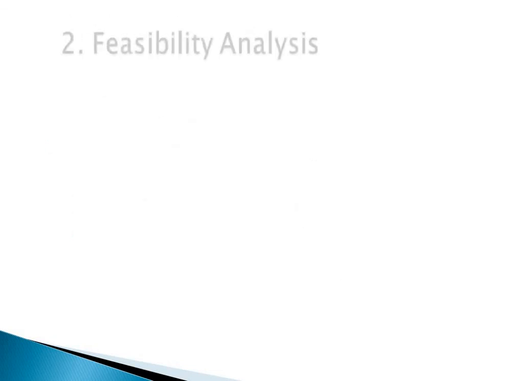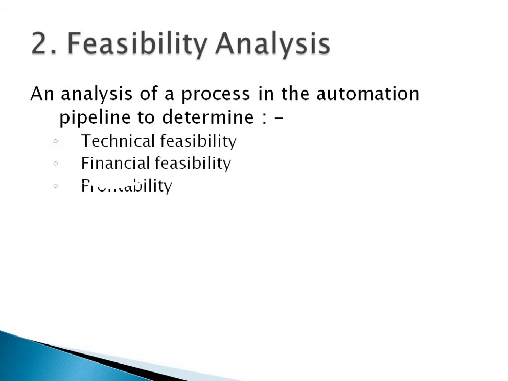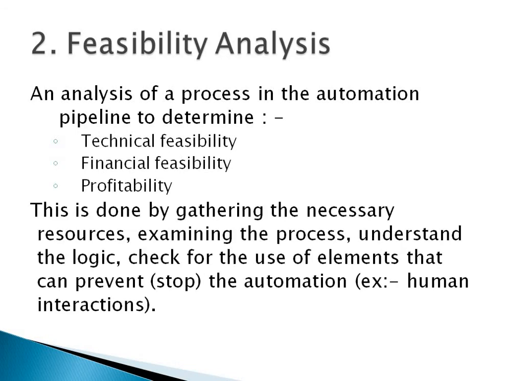Going to the next stage, feasibility analysis. An analysis of a process in the automation pipeline to determine technical feasibility, financial feasibility, and profitability, and this is done by gathering the necessary resources, examining the process, understanding the logic, and checking for elements that can prevent the automation, like human interactions, or if it is a handwritten script, so the bot will find it very difficult to understand that.